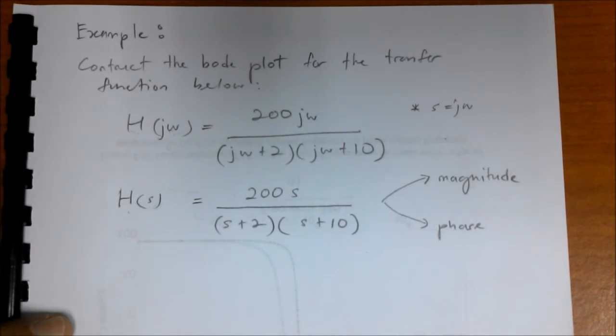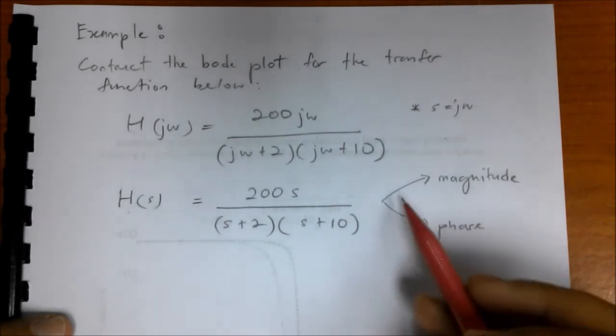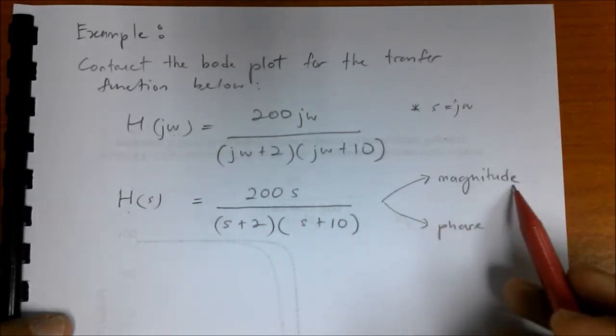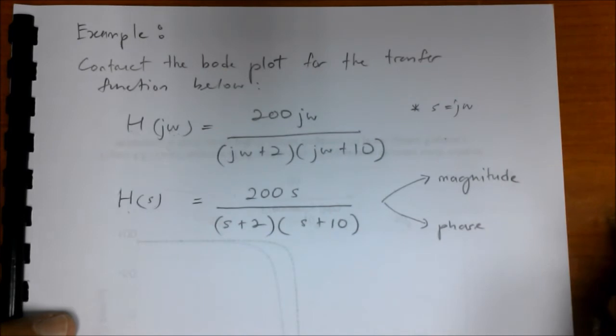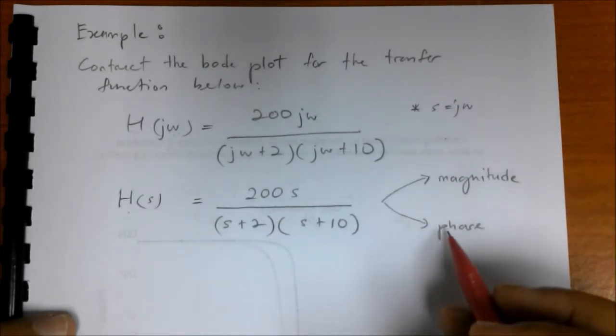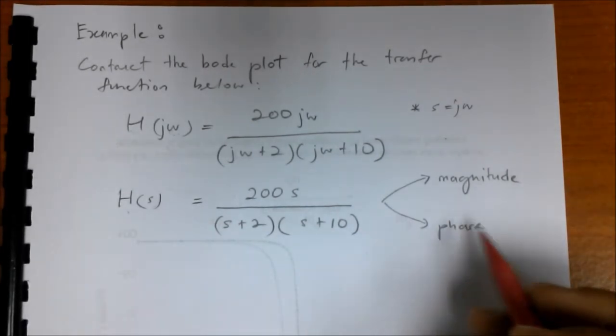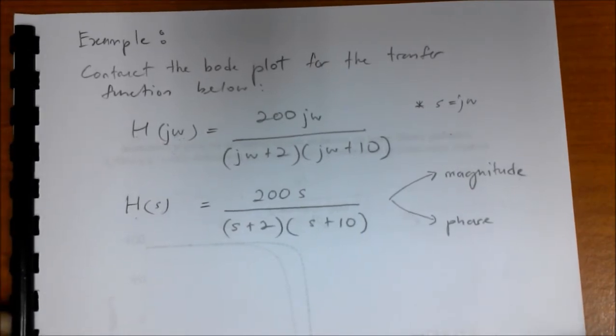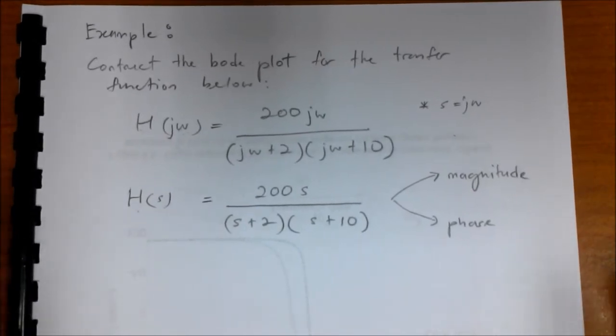Now here, for every transfer function you will need to draw two plots. One is the magnitude plot, and the second is the phase plot. Before we can start drawing the Bode plot, we need to prepare the transfer function.